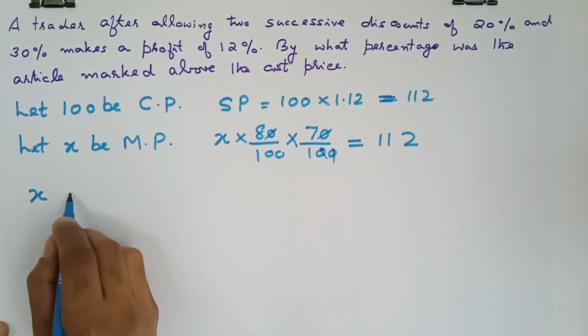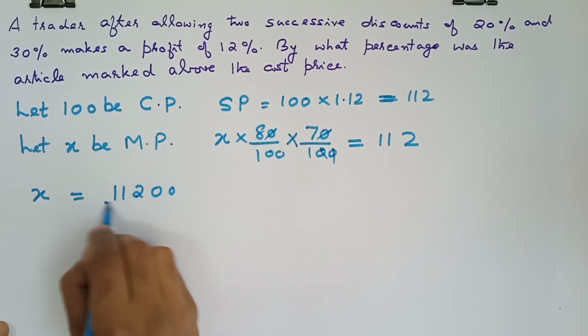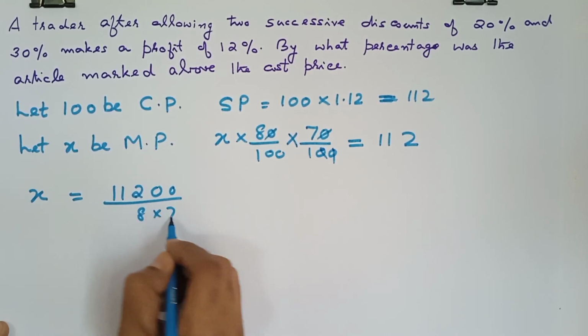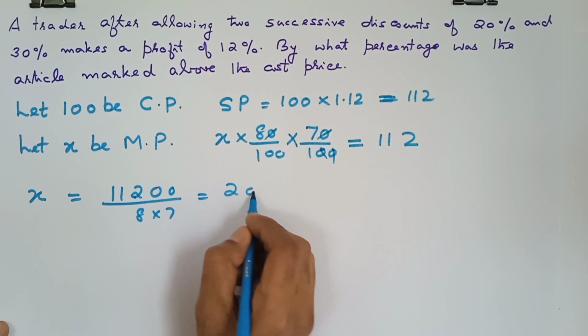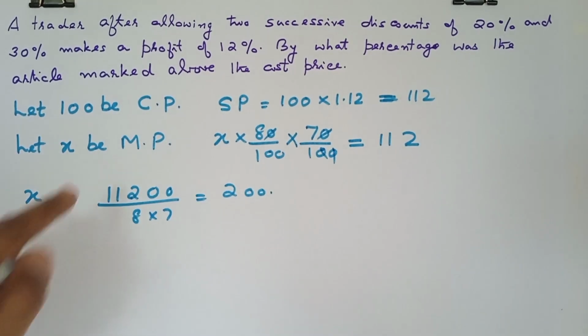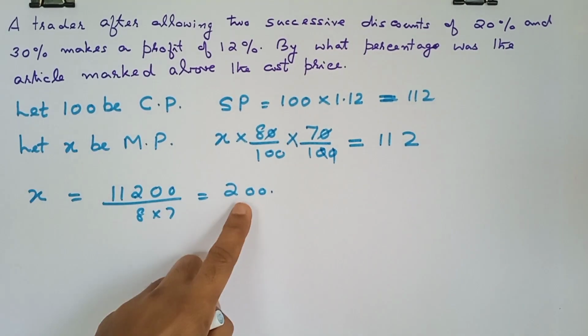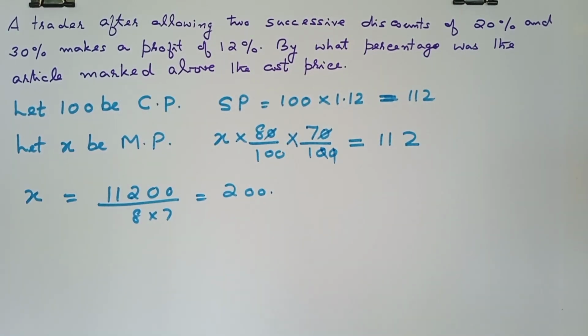This gone. So 200. So on the basis of CP being 100, we have arrived at the marked price as 200. That means marked price is just double cost price.